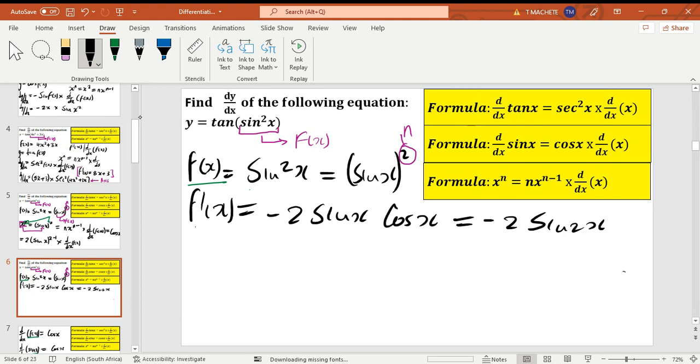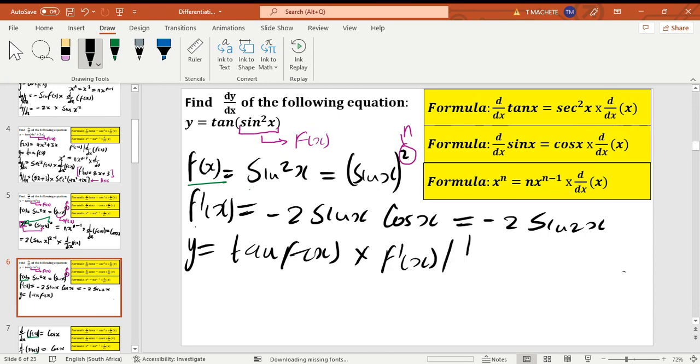Okay, that's what we found. Right. So let's go and substitute back to our original formula. We have got tan f of x there, multiplied by your f prime, or rather your d over dx of your f of x.